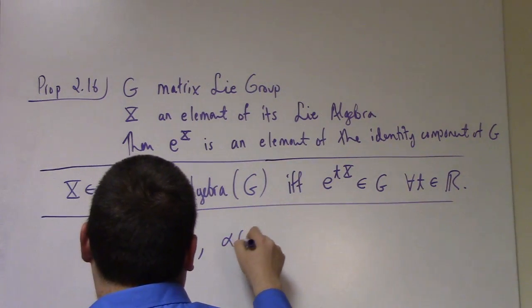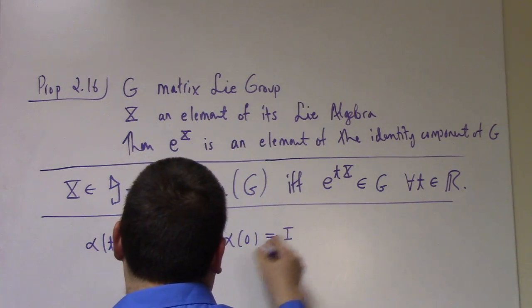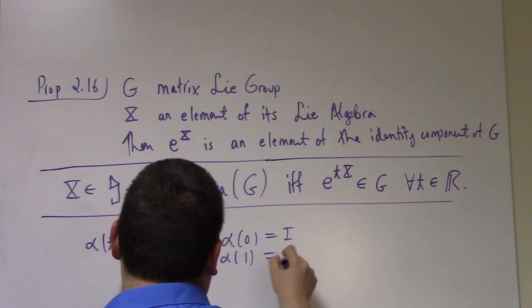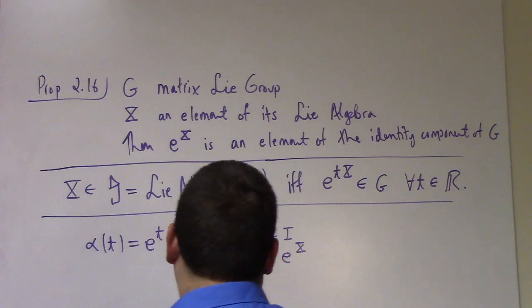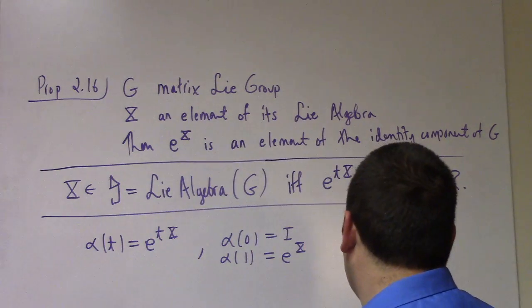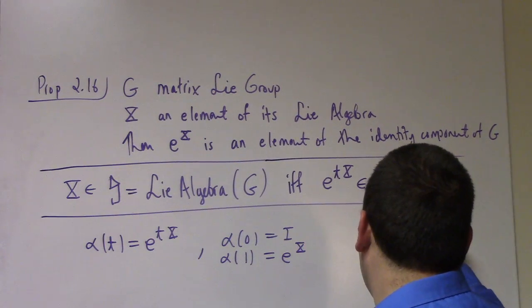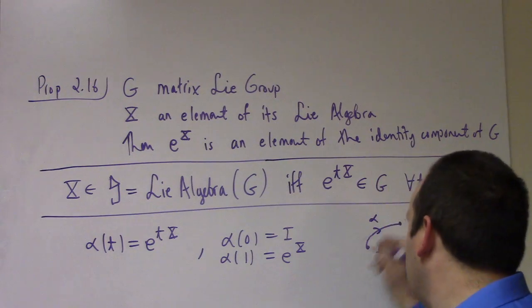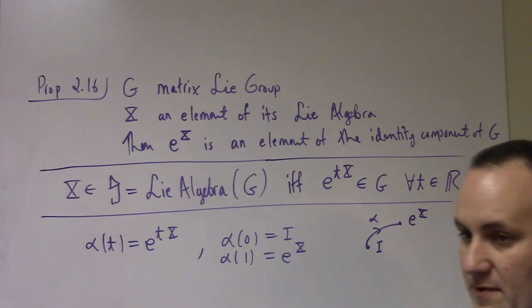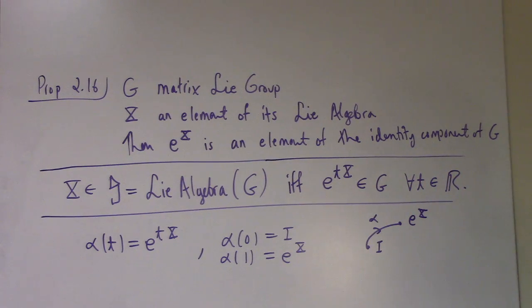Alpha of 0 is I, alpha of 1 is e to the X. So it's path connected. There's I, there's e to the X, and there's that path going from one to the other. So that shows you that e to the X is in fact in the same path component, the same connected component, as the identity.